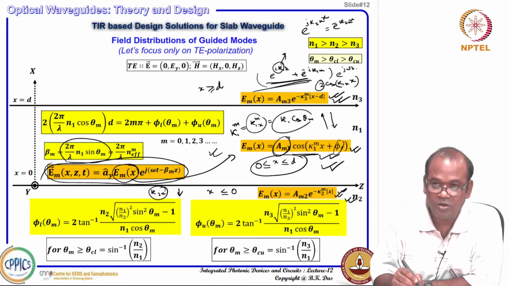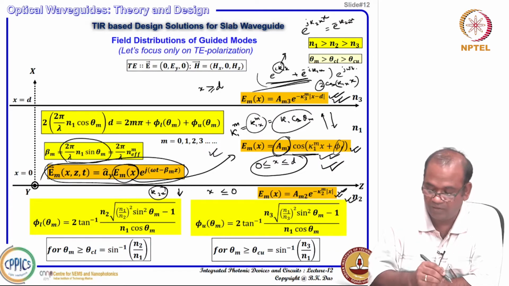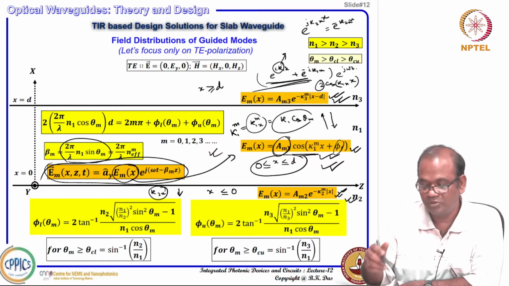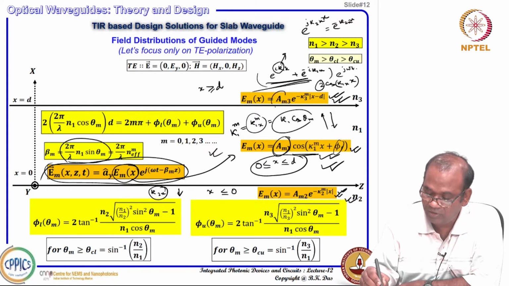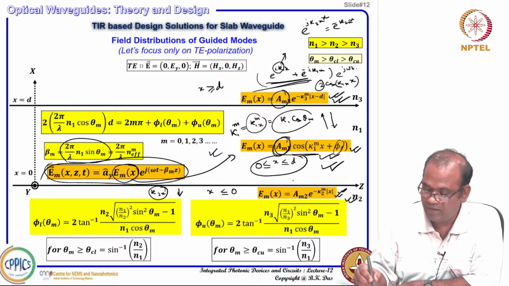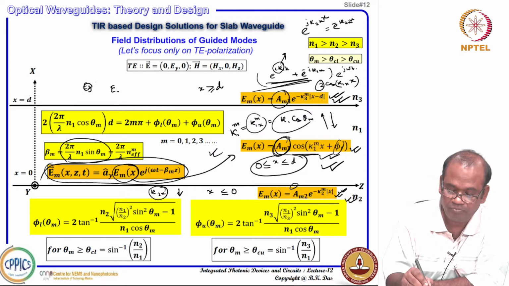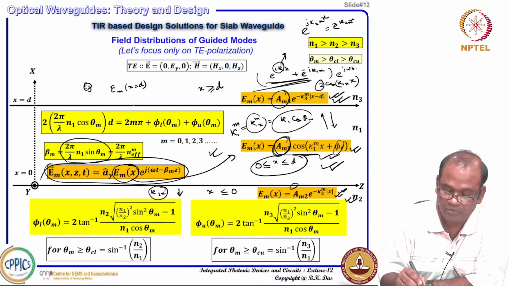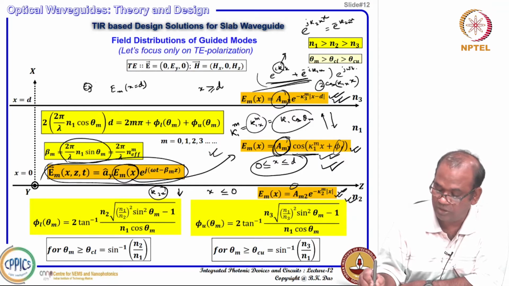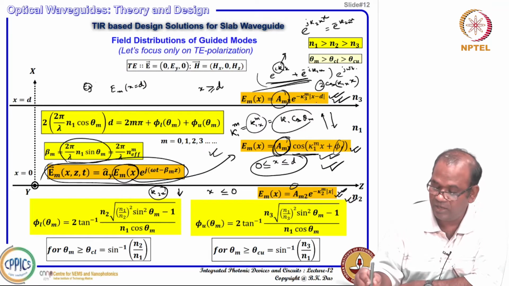Since only the y component is there in the electric field, which is tangential, I can find these constants by utilizing the boundary condition. I can say that Em at x equal to d on this side and this one at x equal to d are both valid at x equal to d; these are two equations.